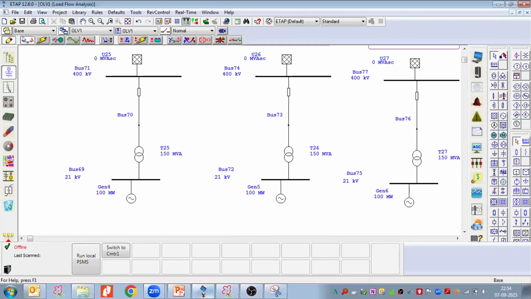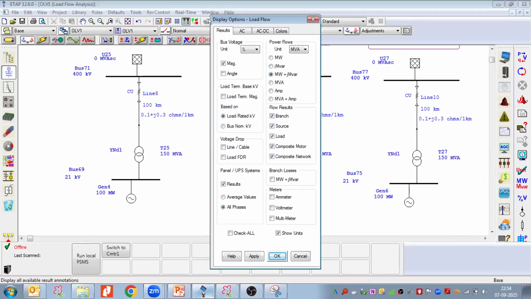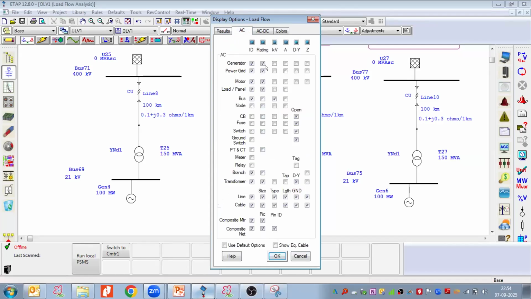Once you have done the analysis, in that case you have the second option. You go under the display option, because when we submit the reports, we generally submit them after doing the analysis. In that case, we have the options for what we want: generator kV, grid kV, motor, bus ratings.